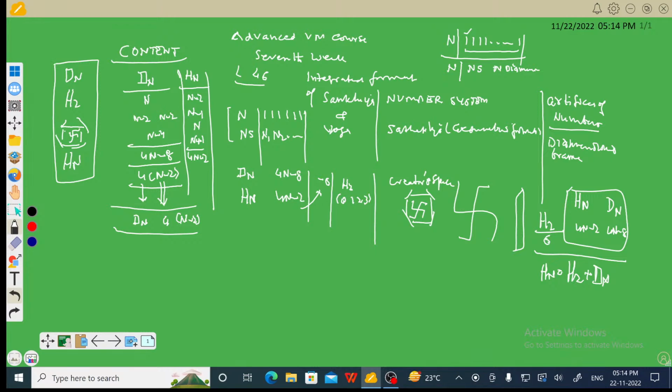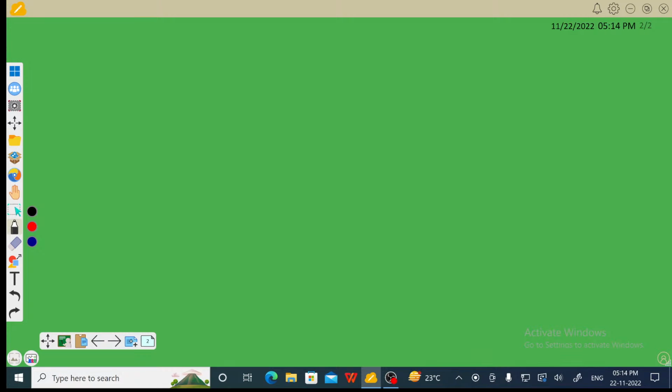In this background, with this feature of Dn with its availability of H2 format within creator's space as Hn, it is this feature which is the base feature, core feature of the organization of Vedic systems of Sankhya Nishtha and Yoga Nishtha.